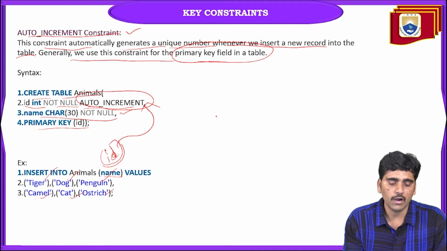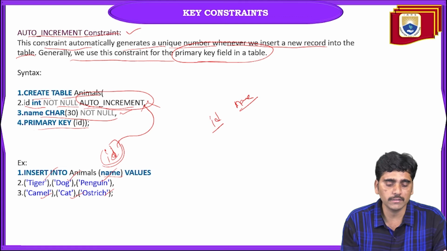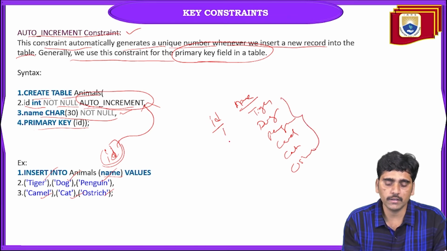So that is how it shows the ID and the name. When you apply auto increment to the ID column, the names tiger, dog, penguin, camel, cat, ostrich are automatically numbered 1, 2, 3, 4, 5, 6.